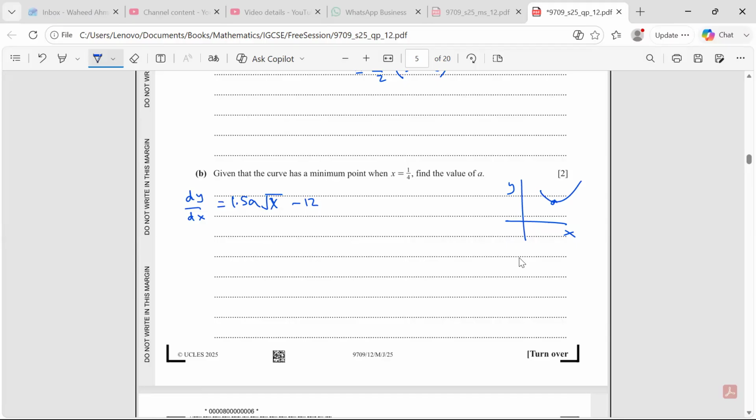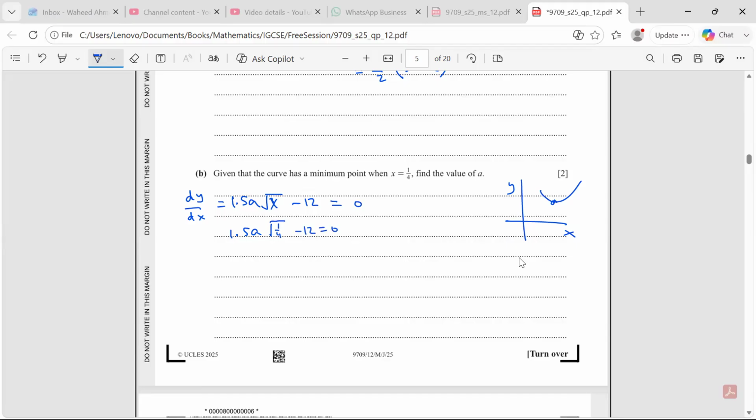So this is equal to 0. It means 1.5a under the root x, and x is 1 by 4, minus 12 equals 0.